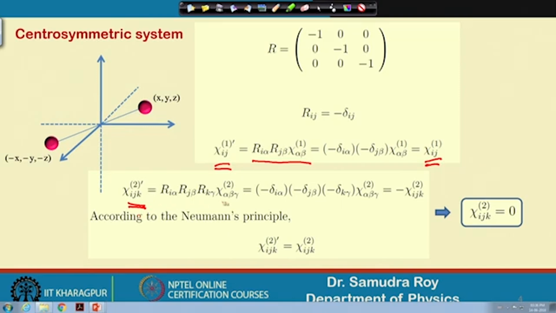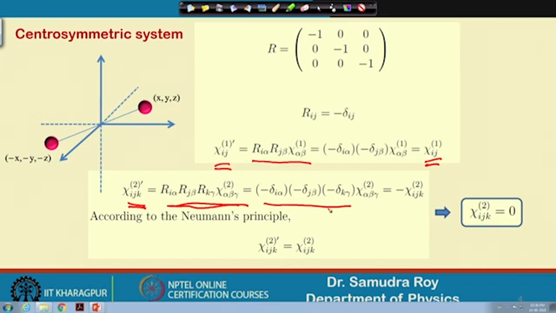Now, if I write this chi_ijk prime in terms of R and the previous components, namely alpha, beta, gamma, over which we sum, then this relation suggests that it should be minus delta_i alpha, minus delta_j beta, minus delta_k gamma, because R_i alpha, R_j beta and R_k gamma is nothing but the delta function with a negative sign.